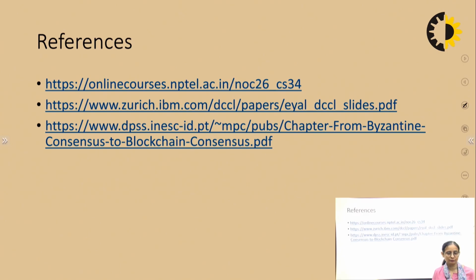Then we have seen a few algorithms, and one of them, the Bitcoin consensus protocol, that is the POW protocol, we have discussed in detail. So this is all for today. Jai.